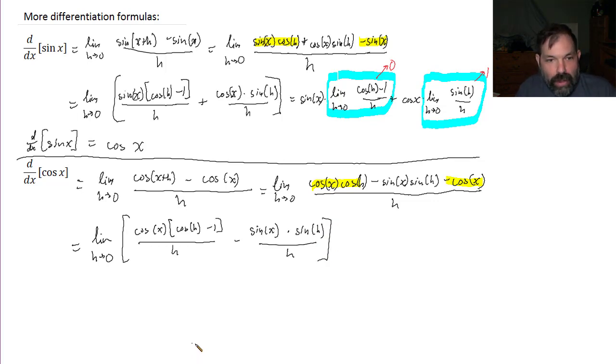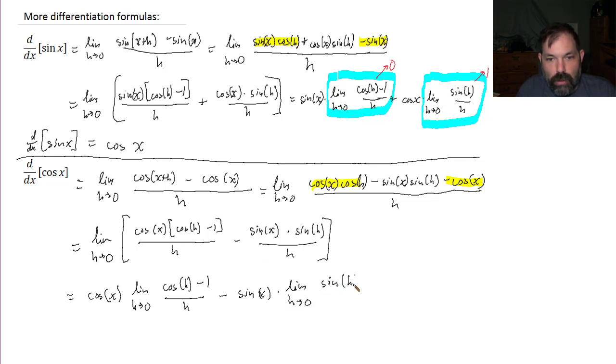And again, we break this up using the same pattern. This is cosine x, because it's not dependent on h, times the limit with h approaching 0 of cosine h minus 1 over h, minus sine x times the limit with h approaching 0 of sine h over h.